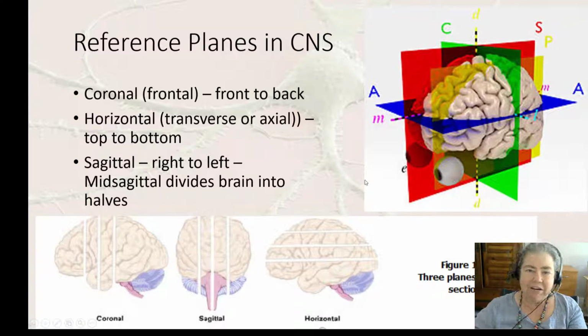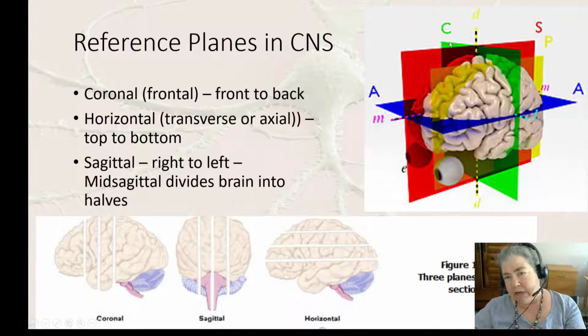The slice is in this plane, and coronal sections proceed from the front of the brain to the back of the brain. So this green slice is a coronal plane, a coronal section.